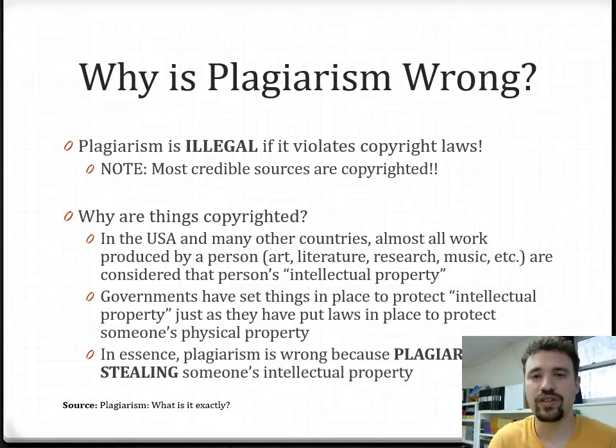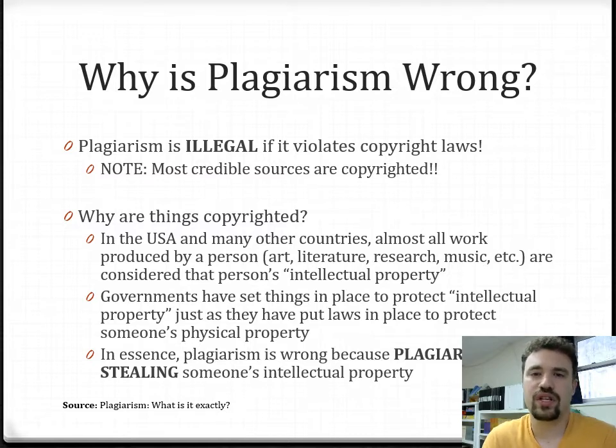Now, however, there are certain laws called fair use laws in the United States that say that if you're using someone's intellectual property for the purposes of education, that is an acceptable use where you don't necessarily have to pay for something if you are sure to give credit where credit is due.